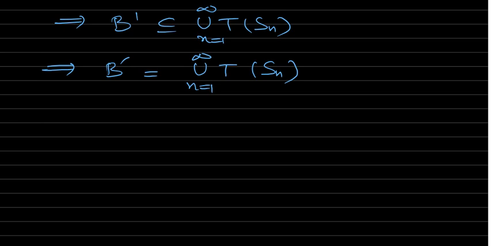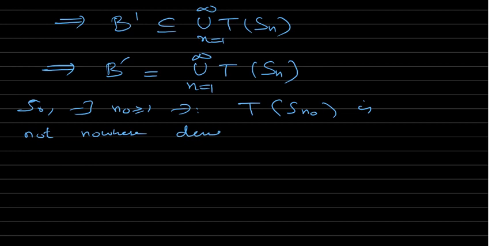Because if each of them were nowhere dense, then you would have expressed B prime as a countable union of nowhere dense sets, which we cannot do for a Banach space. So there exists n naught greater than or equal to 1 such that T of S n naught is not nowhere dense.